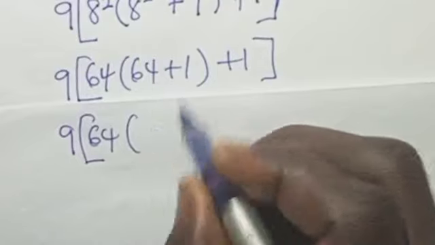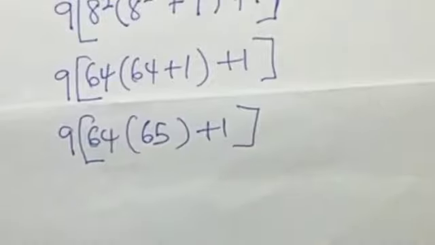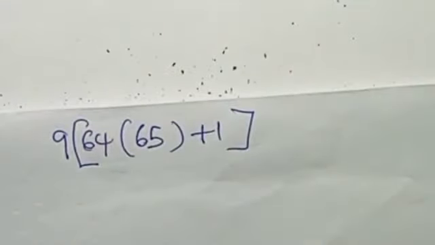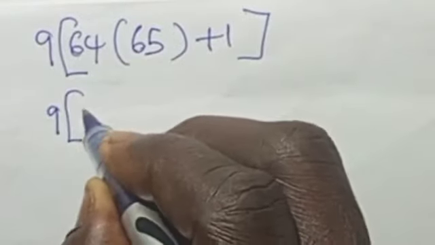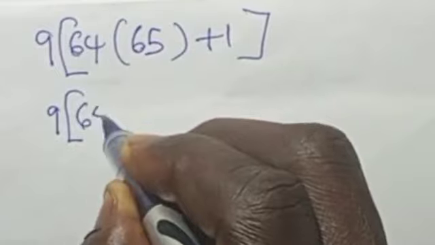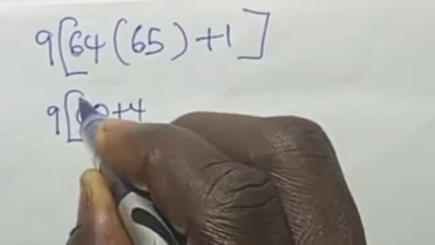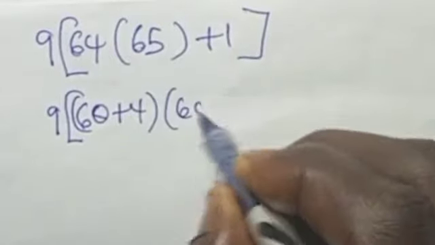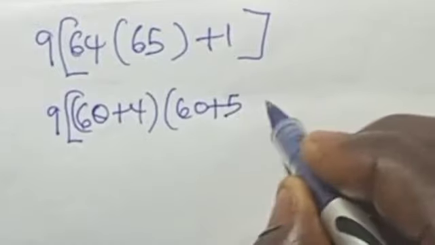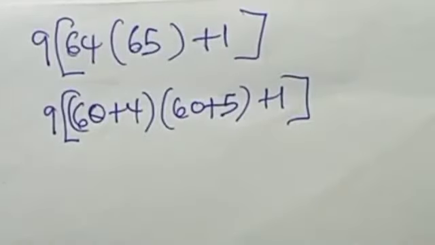Here, 64 plus 1, that is 65, plus 1. Here's 9 times 64. 64 can be written as 60 plus 4, and 65 can be written as 60 plus 5, plus 1.